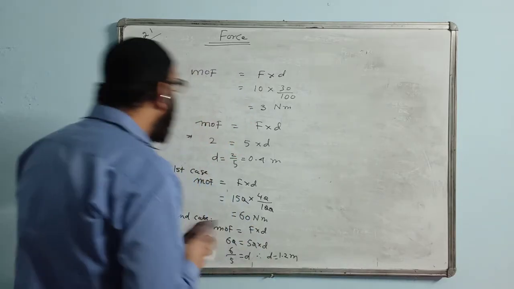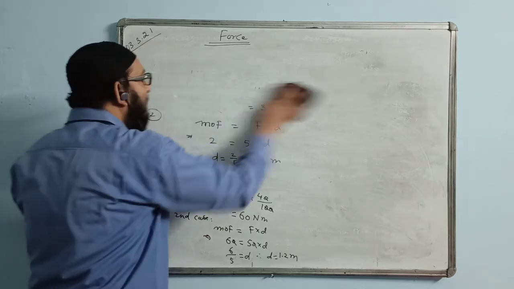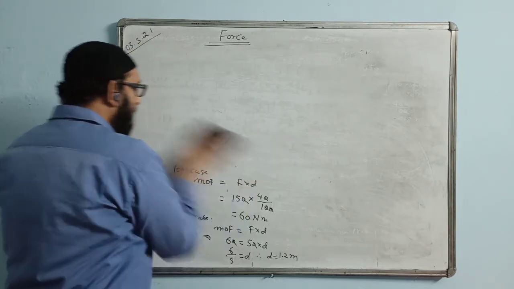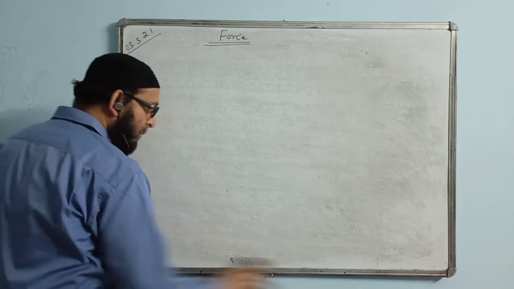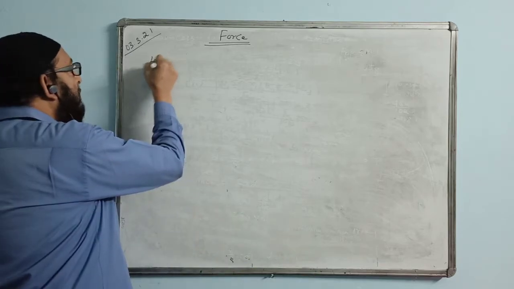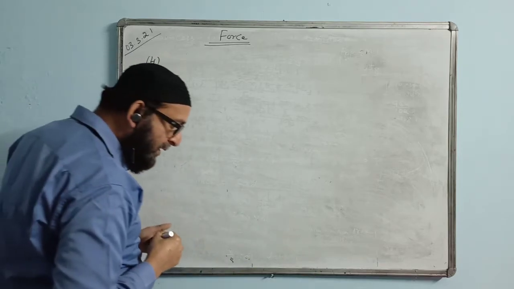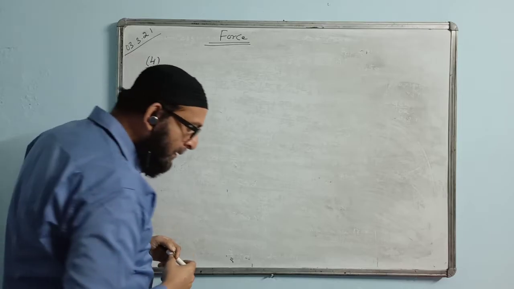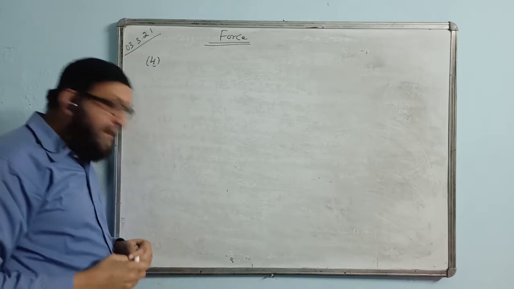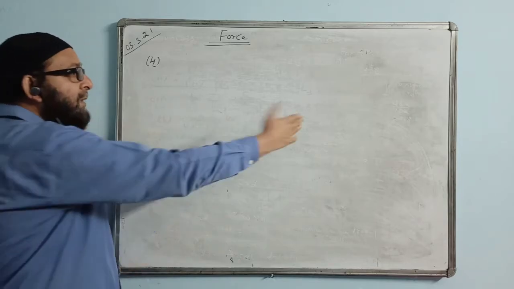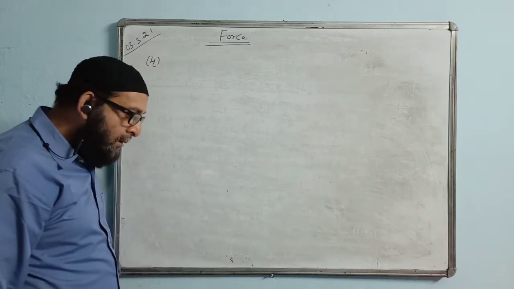Now we are doing the next question, number 4. Question number 4 says, the iron door of a building is 3 meter broad. The whole thing is 3 meter.